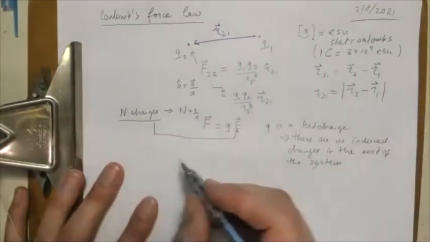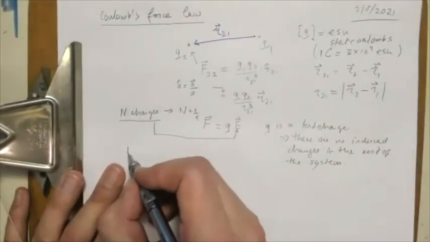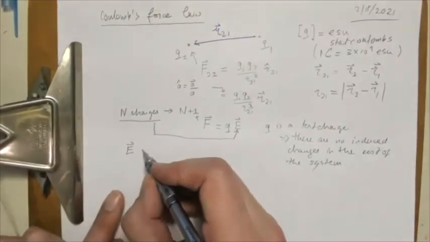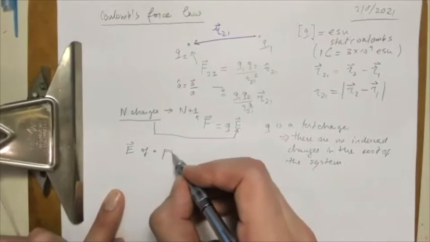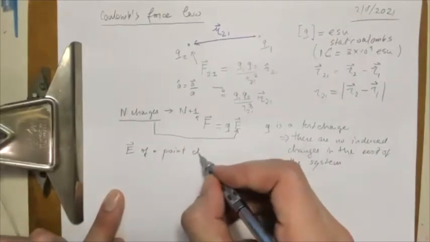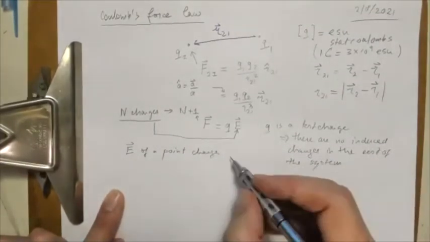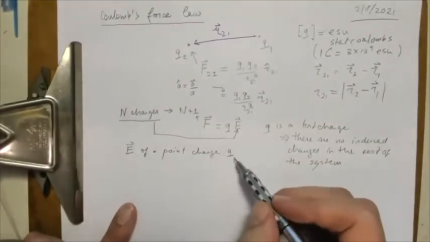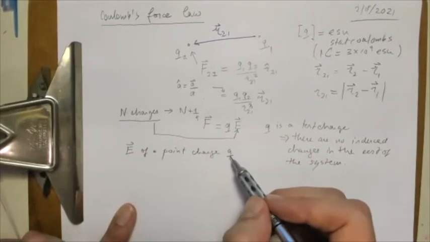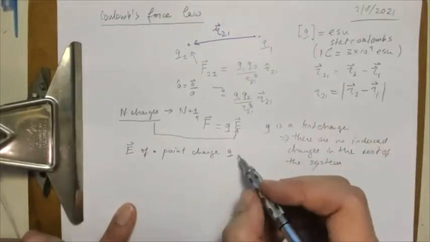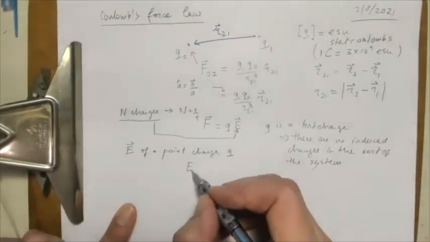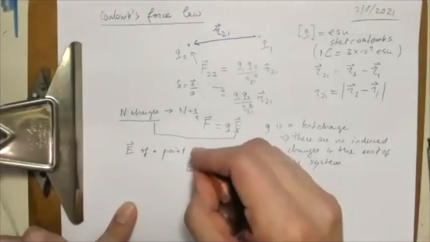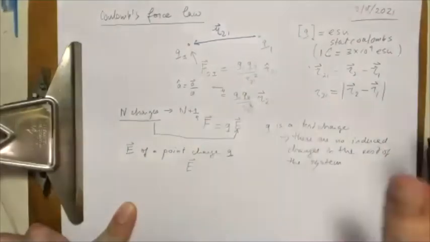So we have the electric field of a point charge. Let's call it Q to make things really complicated. So this is a point charge, not a test charge. That electric field is going to be a function of where we look at it, obviously.